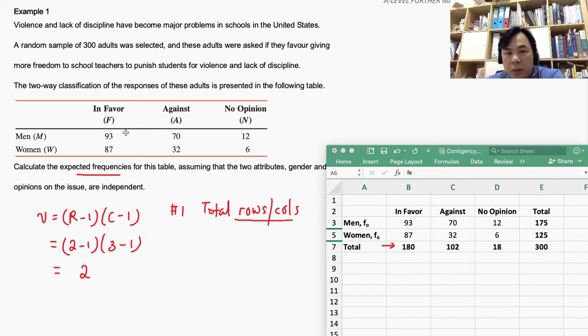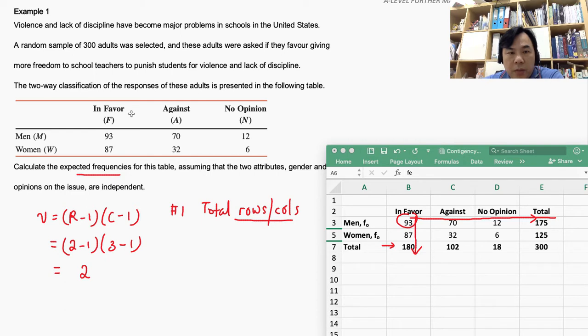Very simple. The method that I'm using is simple: all you need to do is draw a line here and then draw a line here, because we are interested in calculating the expected frequency for men that are in favor. So this column and this row here. This vertical line refers to this total here.